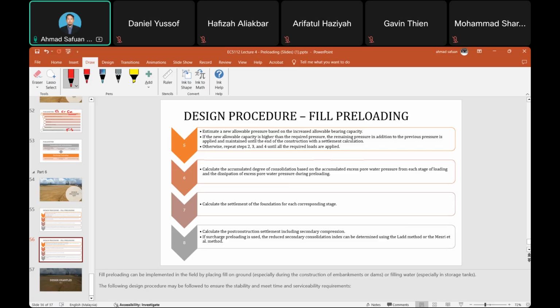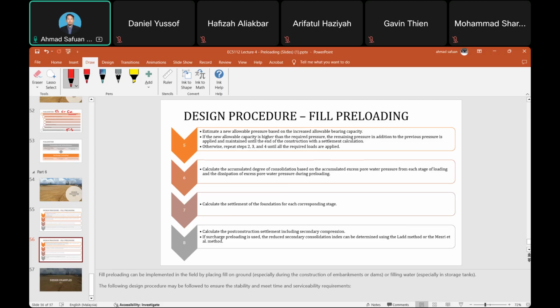There is a chart from Ladd, from Mesri, to estimate the C alpha value based on the loads applied.